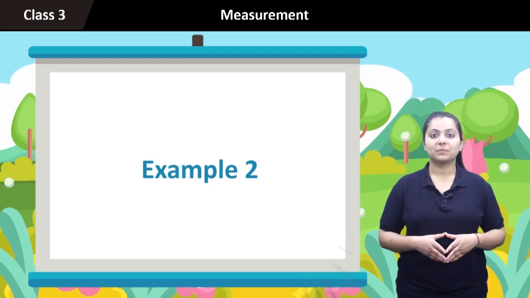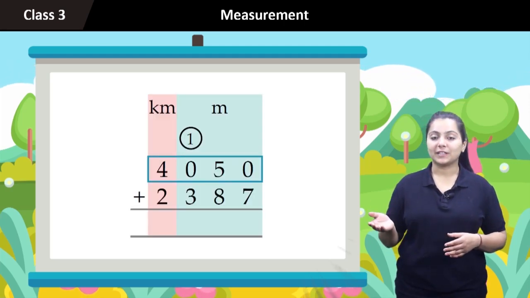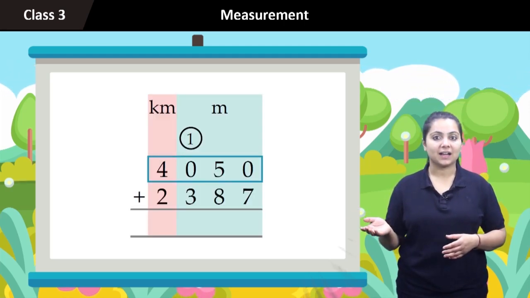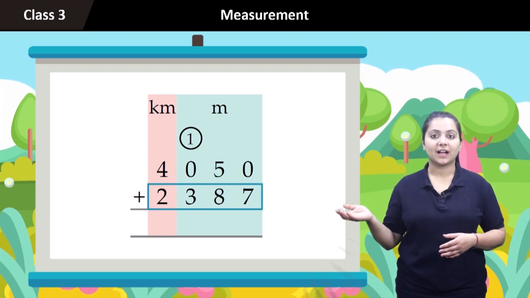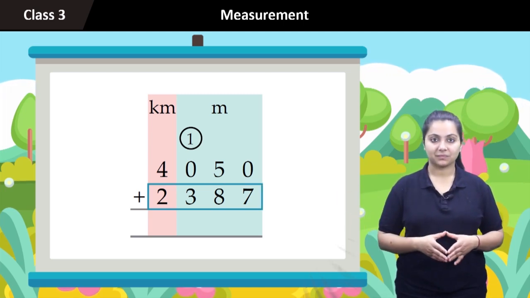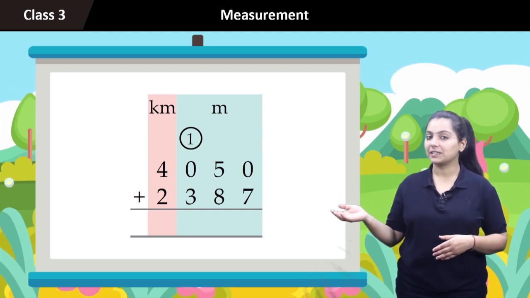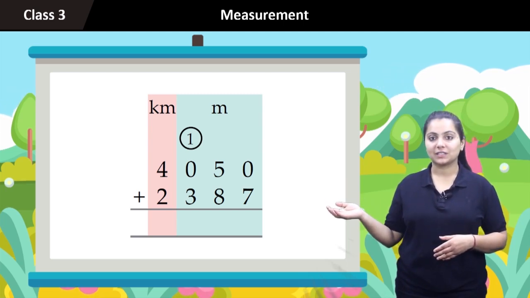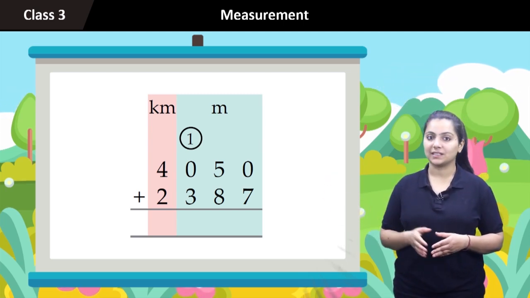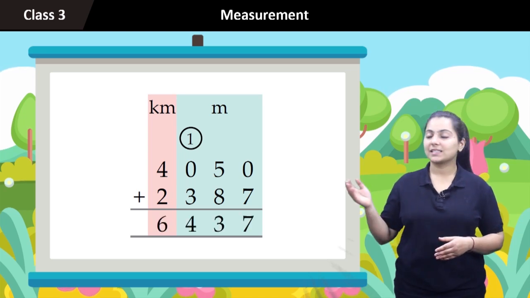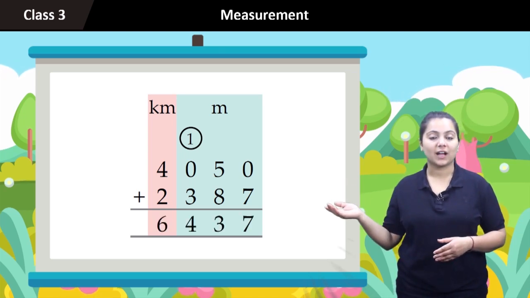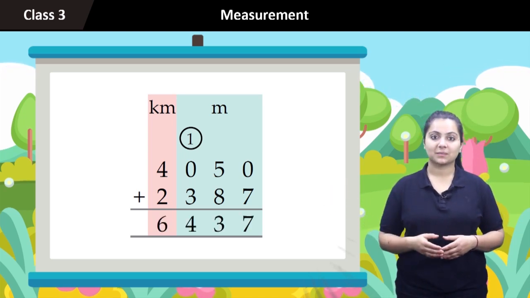Example 2. Add 4 kilometer 50 meter and 2 kilometer 387 meter. Thus 4 kilometer 50 meter plus 2 kilometer 387 meter is equal to 6 kilometer 437 meters.